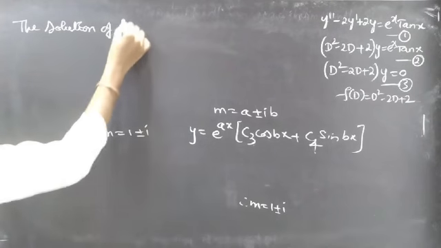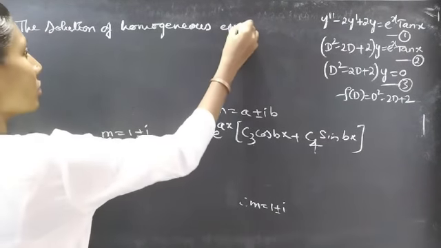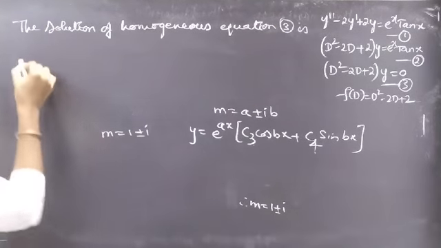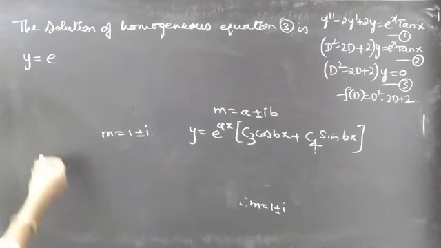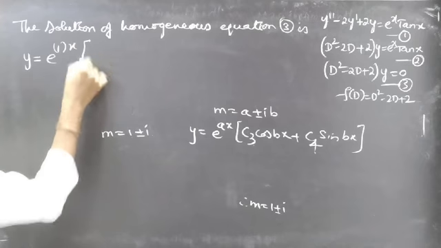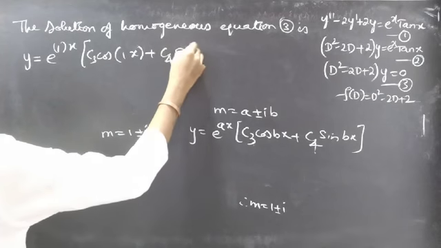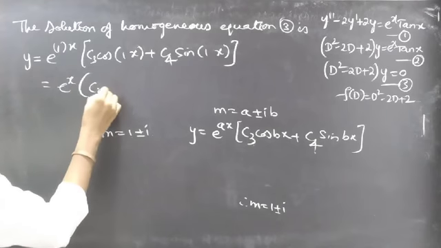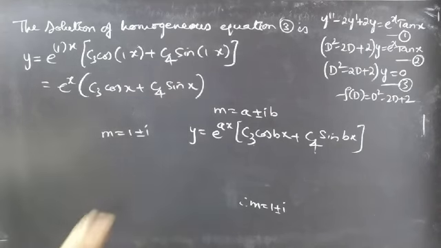The solution of the homogeneous equation, which is equation 3, is y equals e power. Now compare 1 plus or minus i with a plus or minus ib. Then for a equal to 1 and b equal to 1, we'll get e power 1 into x into c3 cos bx plus c4 sin bx, which equals e power x into c3 cos x plus c4 sin x.